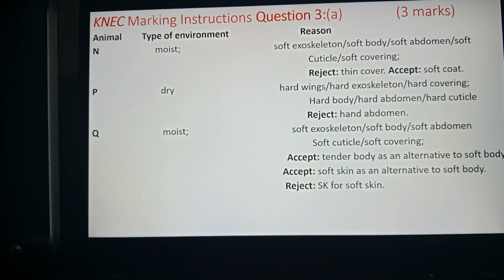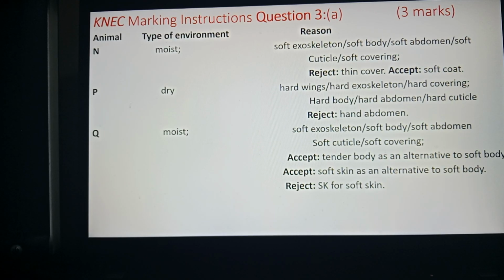For the council, N: moist, reason soft exoskeleton, or soft body, or soft abdomen, or soft cuticle, or soft covering. Reject thin cover. Accept soft coat. P: dry, hard wings, hard exoskeleton, hard covering, hard body, hard abdomen, hard cuticle.